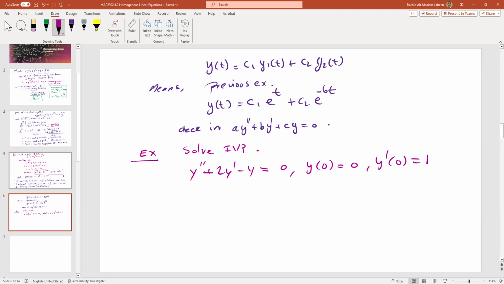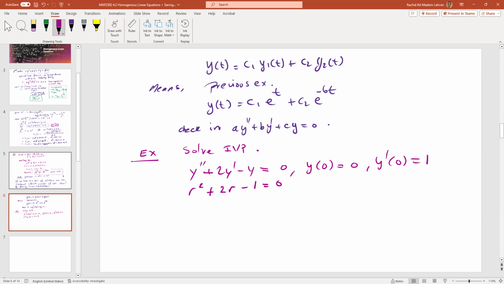All right, so we will first find a pair of solutions in the previous example. We will adjust the constants C1 and C2 to obtain the solution. Auxiliary equation is r squared plus 2r minus 1 equals 0. So you see now, looking at it, we know where it came from.